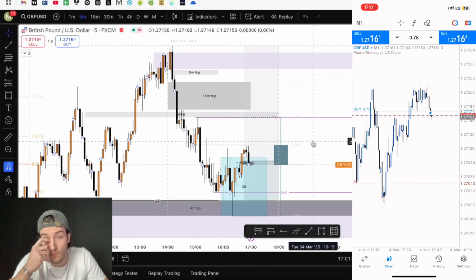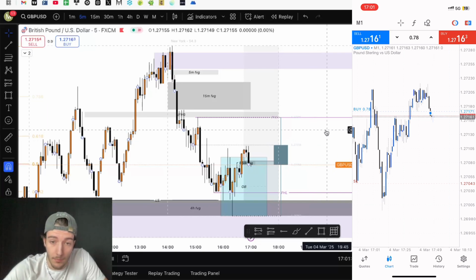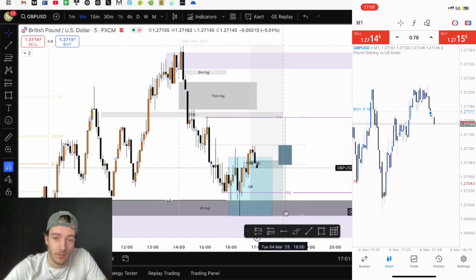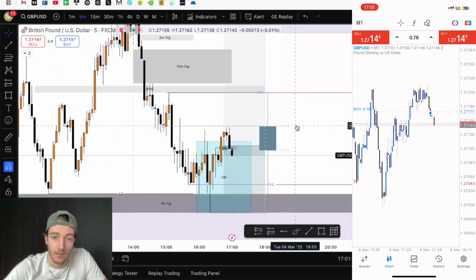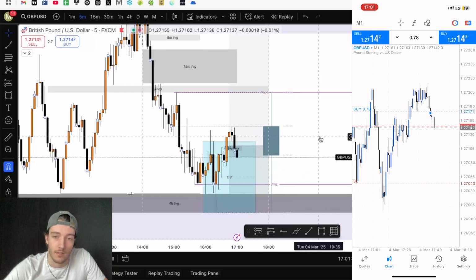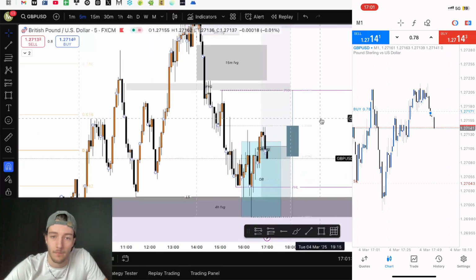So my first take profit is probably gonna be this previous or high here. If we don't hit that, I'm just gonna get stopped out. I don't mind. But once we hit this previous or high, I'm gonna take some profits, put my stop loss to break even.